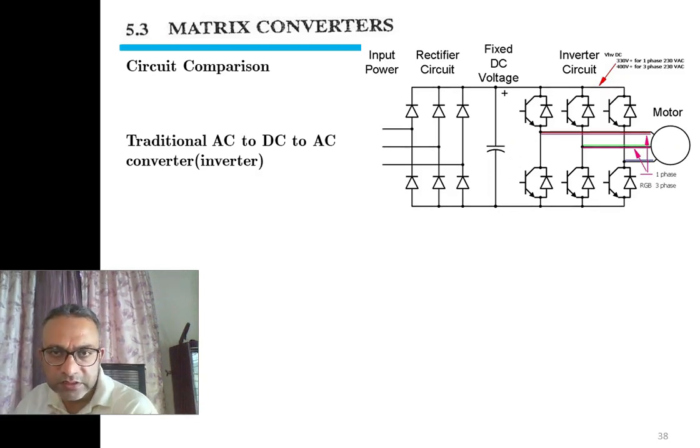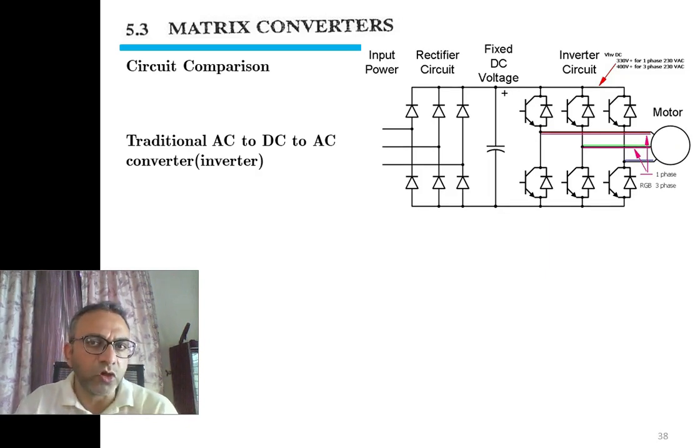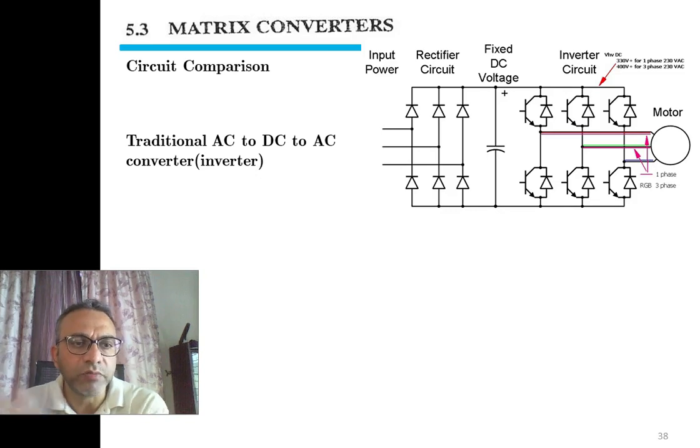Now this capacitor is normally of large value, for example 10,000 microfarad, which can bear large voltages. This is not a small high frequency, it's not a harmonic cancelling filter. No, it is a large capacitor which will store energy, and it will also reduce the voltage ripple.